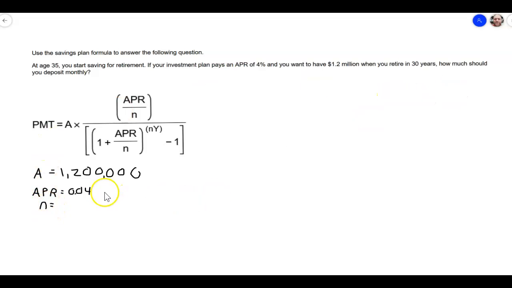Here we're talking about monthly, so that's 12. So our APR over N is 0.04 over 12.